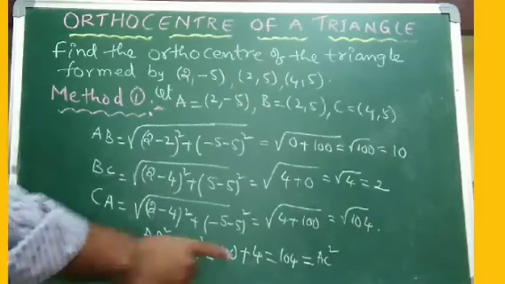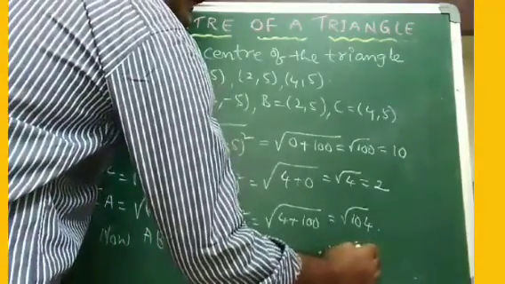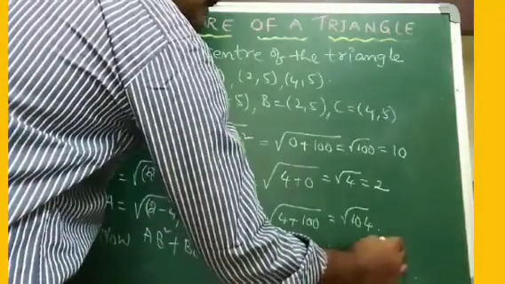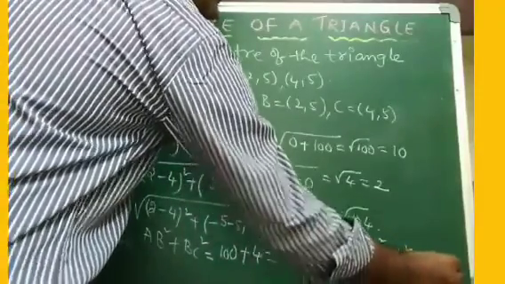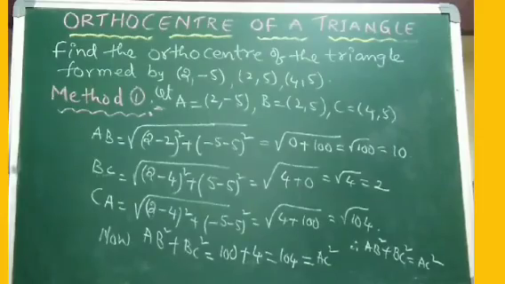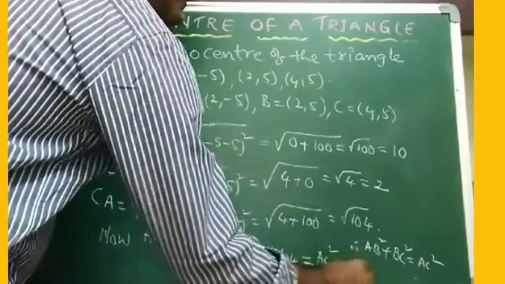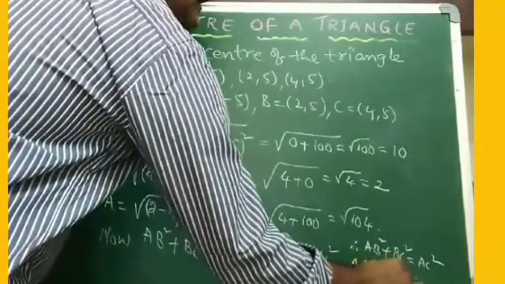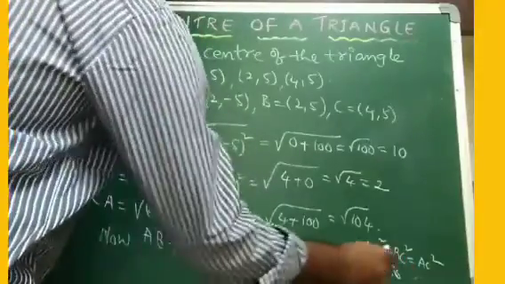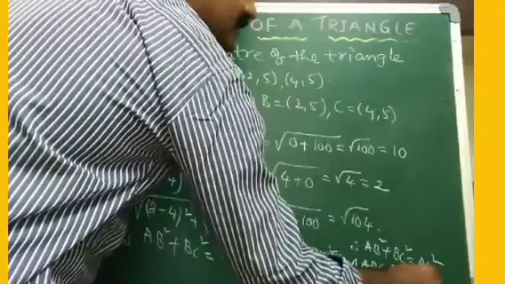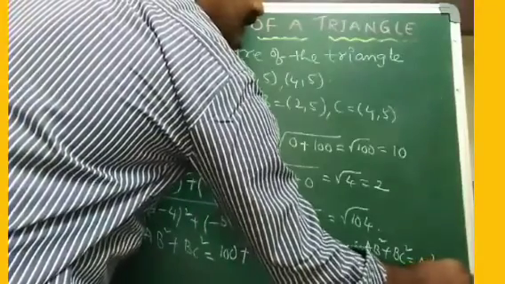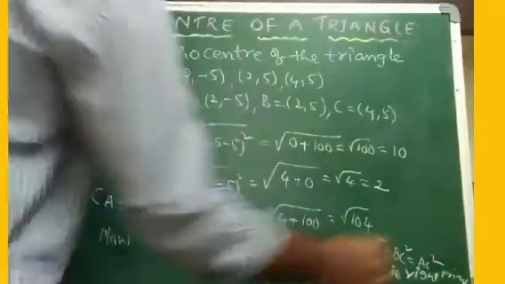Understand? Hence clearly we got AB square plus BC square equals AC square. That means triangle ABC is a right angled triangle.